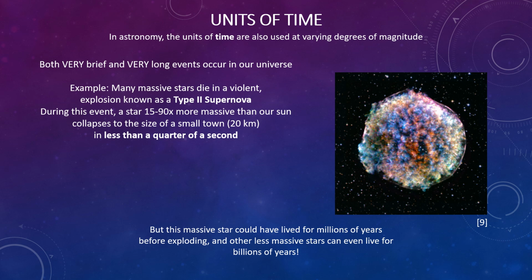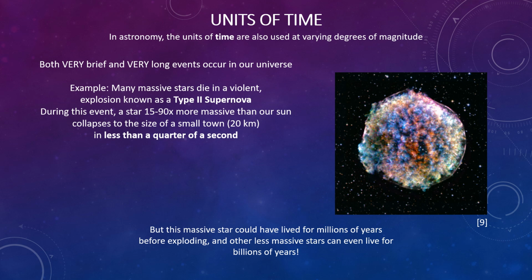It will collapse down to about 20 kilometers in less than a quarter of a second. In less than the time it takes to blink, that star will have gone from larger than our solar system down to the size of a small city. That's an incredibly short time.